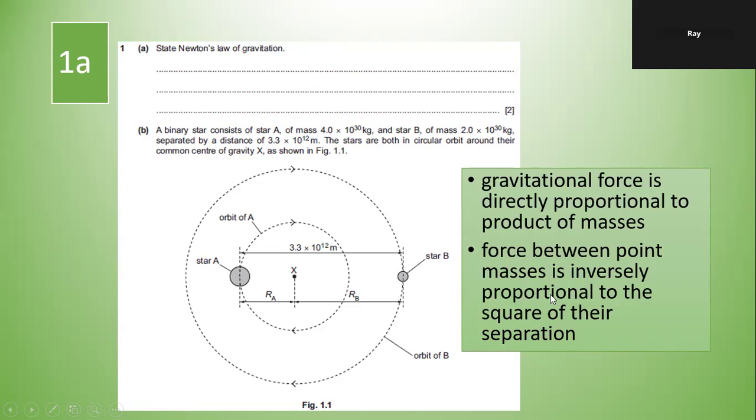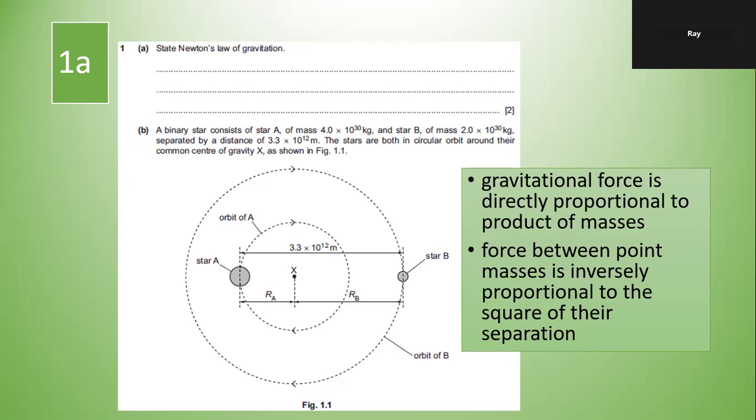What does point mass mean? The separation must be very much greater than the size of the body. Like the Earth and the Moon, they are point masses.